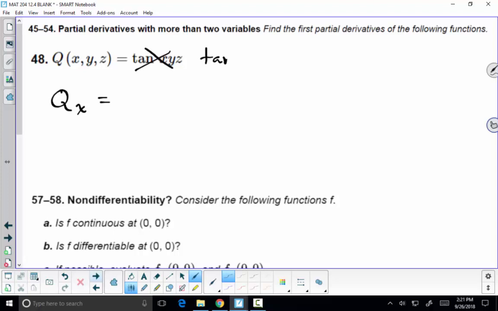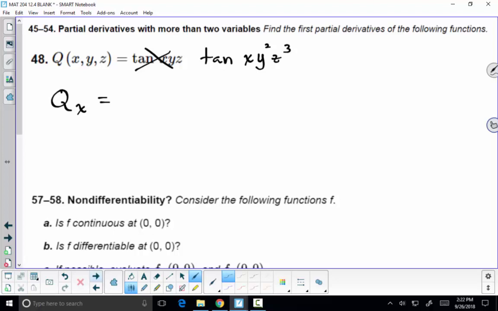Let's make it tangent of x y squared z cubed. If they all have the same power, you might be making a mistake and not realizing it, because you can't really distinguish the difference between the partials.